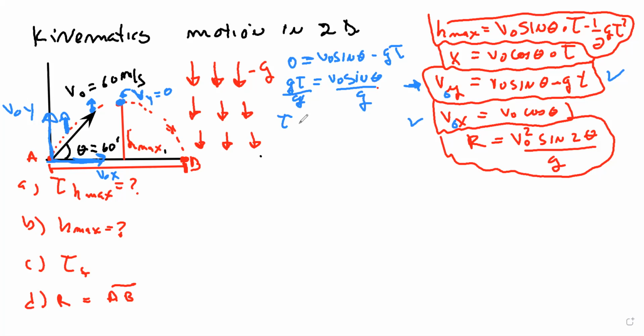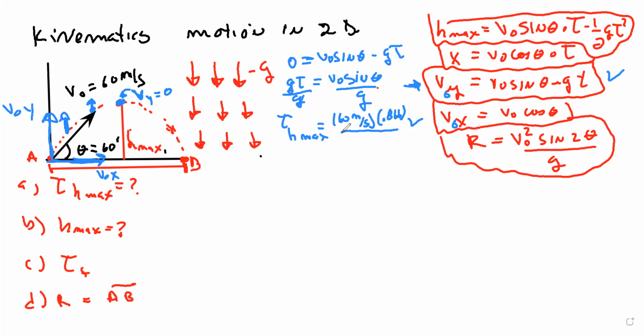So the time to reach the maximum height is going to be V0, which is 60 meters per second, times the sine of 60 degrees, which is 0.866.